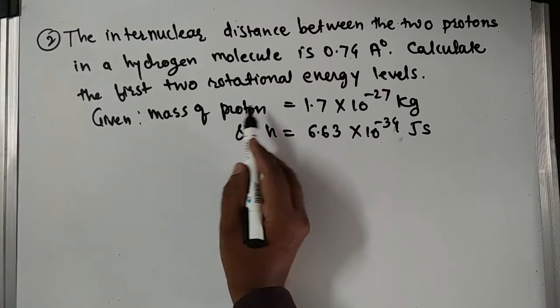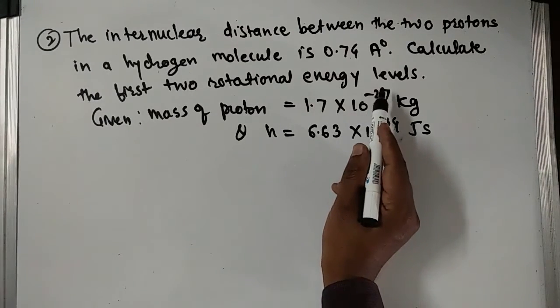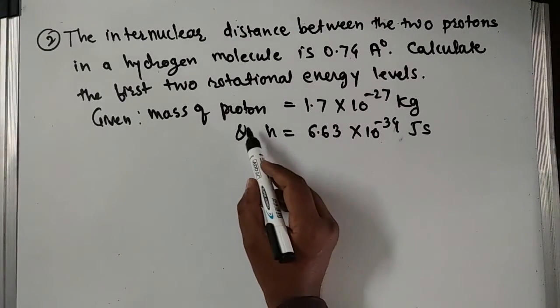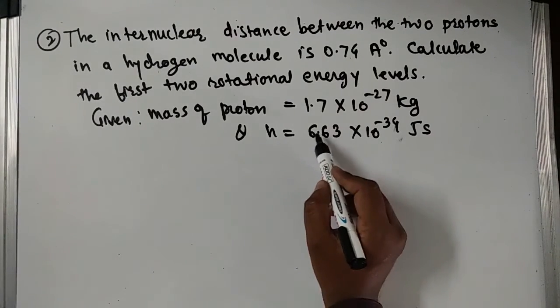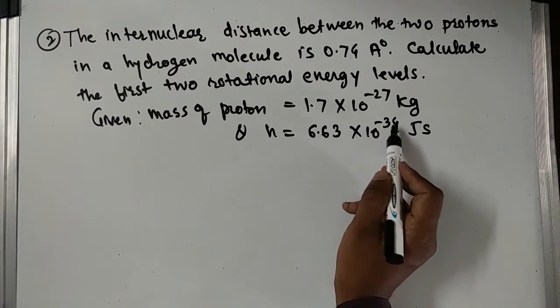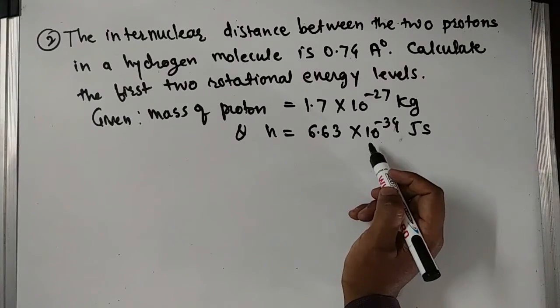The mass of proton is given, which is equal to 1.7 into 10 raised to minus 27 kg, and Planck's constant h is given, its value is 6.63 into 10 raised to minus 34 joule second.